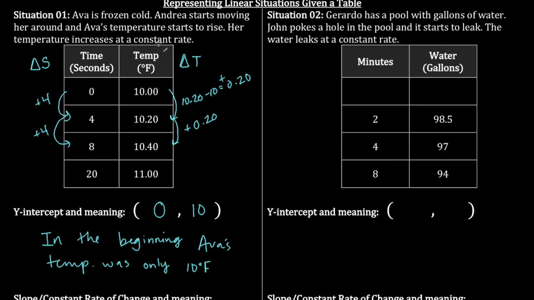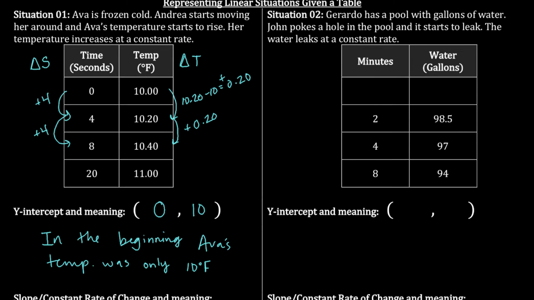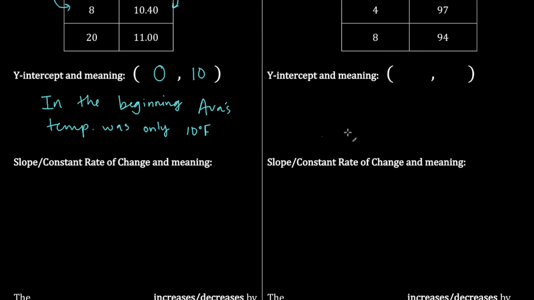Now, since it tells us constant rate, we don't have to keep doing this. I only really need to check it one time because it's going to be constant. So the change in temperature over the change in number of seconds, or time measured in seconds.